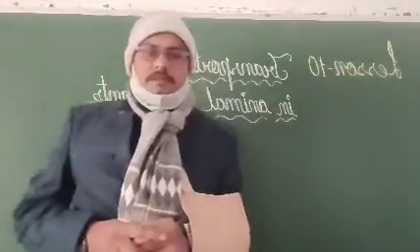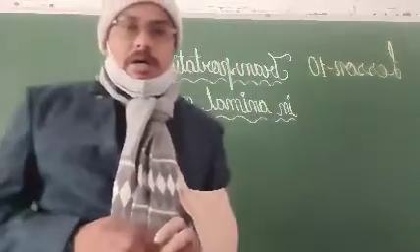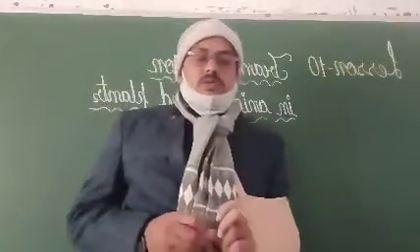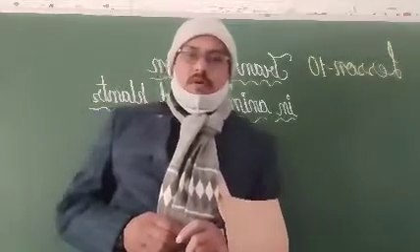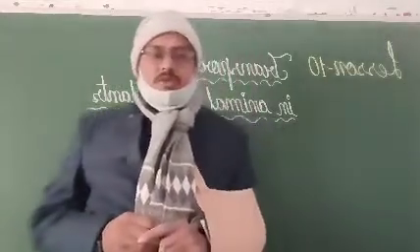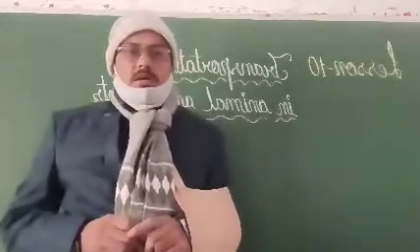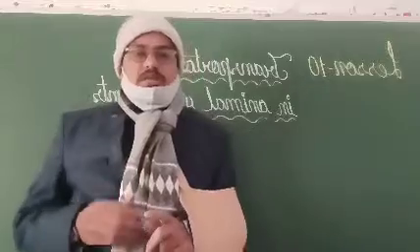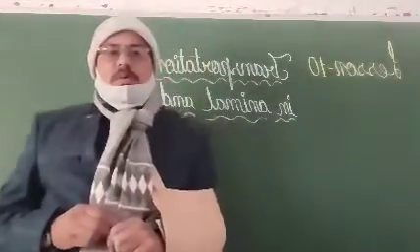Now, students, let's further speak about the heart. I think I have already explained this topic. I am just doing the revision to help you memorize all those things that have been taught in the class. So, students, I am talking about the heart.